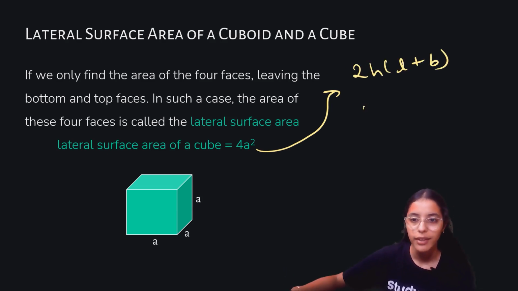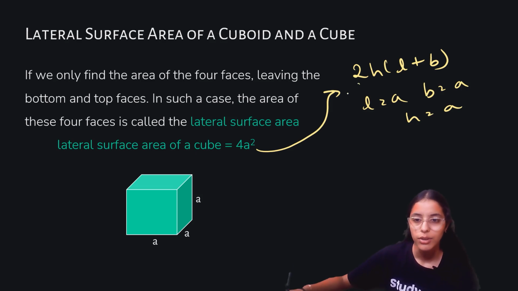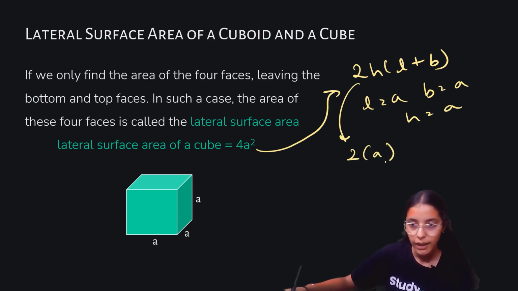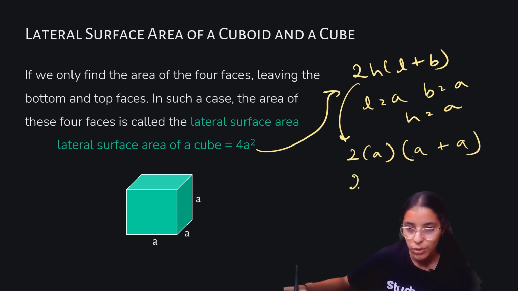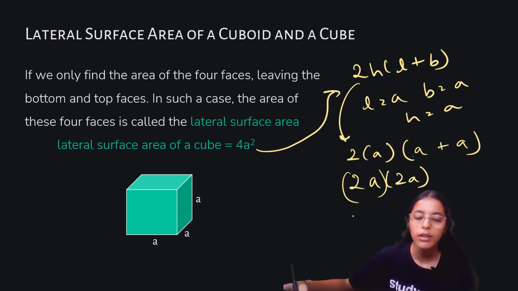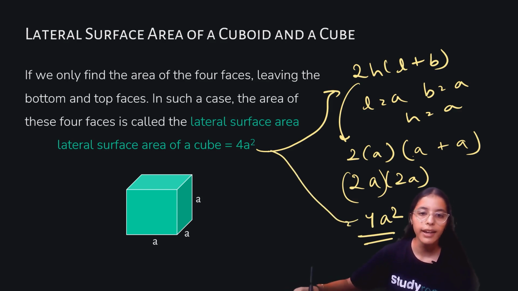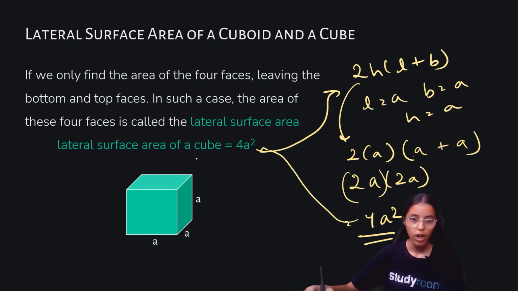Now L is equal to A, B is equal to A, and height is also equal to A. So we get 2A into (A plus A), which is 2A into 2A. We multiply and get 4A squared. And this is how we find the lateral surface area of a cube.